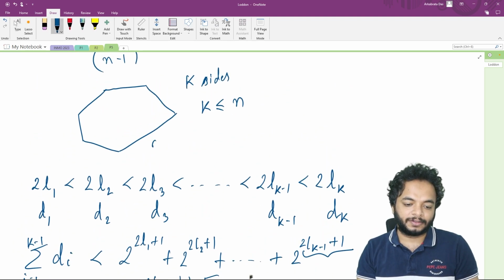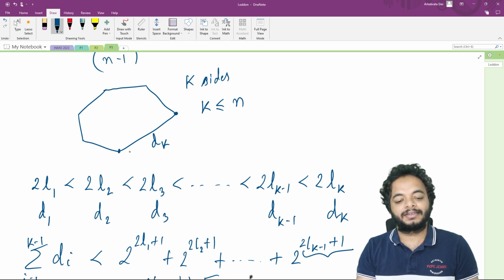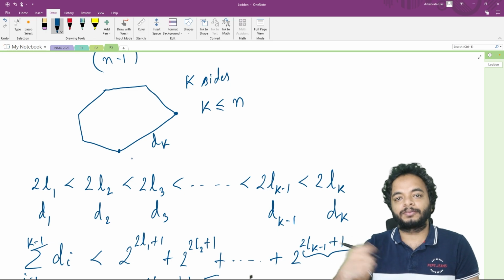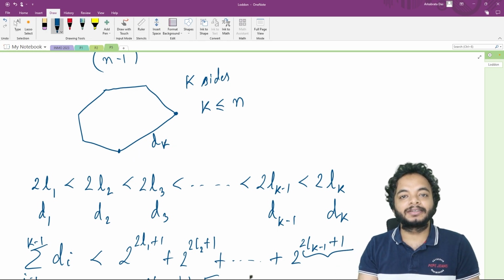Suppose this is d_k. Between these two points, the shortest distance is a straight line, so d_k would be the shortest distance.